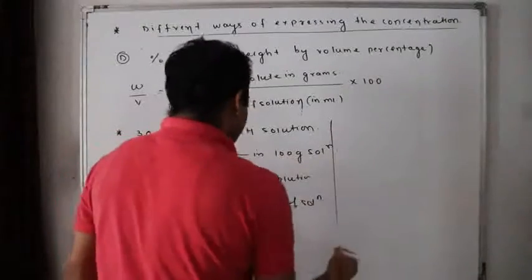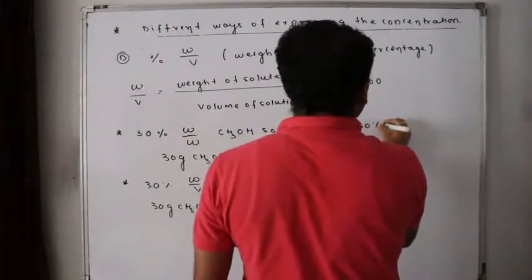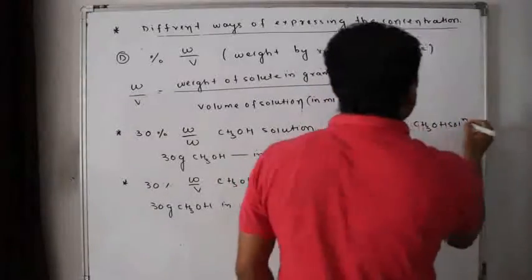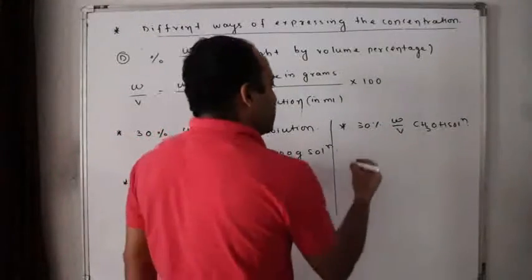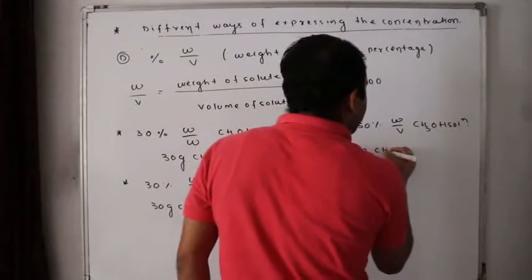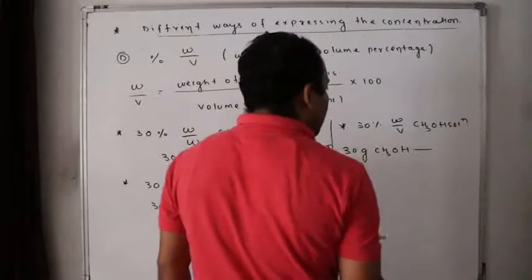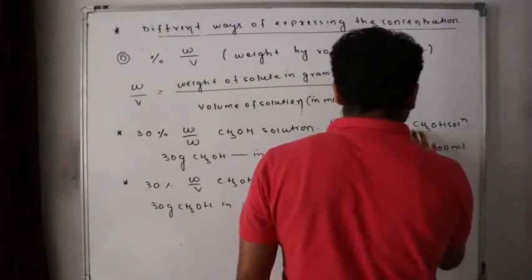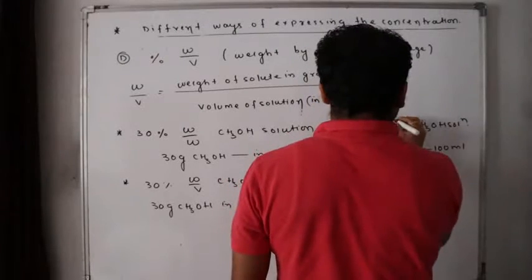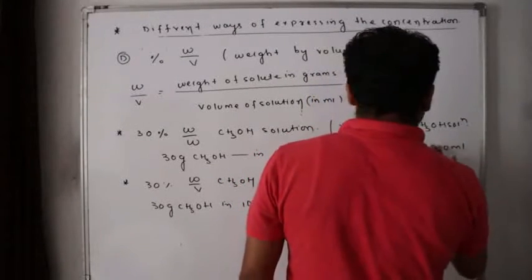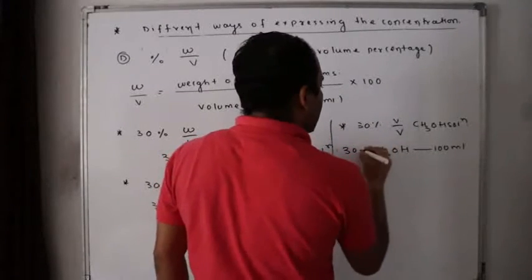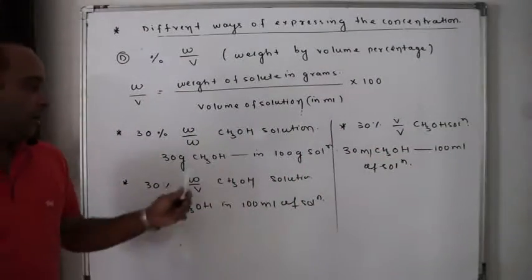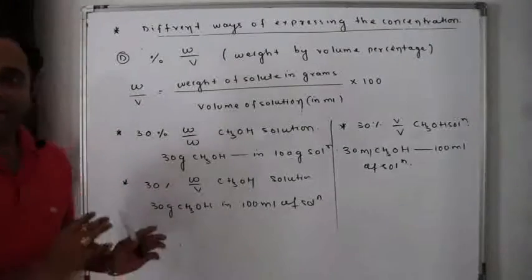Okay. If I say 30% V by V of methanol solution, it is 30 ml methanol in 100 ml of solution, because I have discussed here already about W by V. Am I loud and clear?